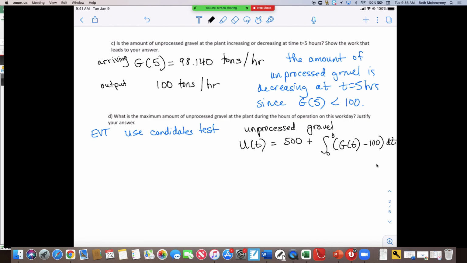Because you need to know what you're plugging into to do the U of 0 and the U of 8. Then you need u prime of t, which is going to be g of t minus 100, and you want to know when that's 0.